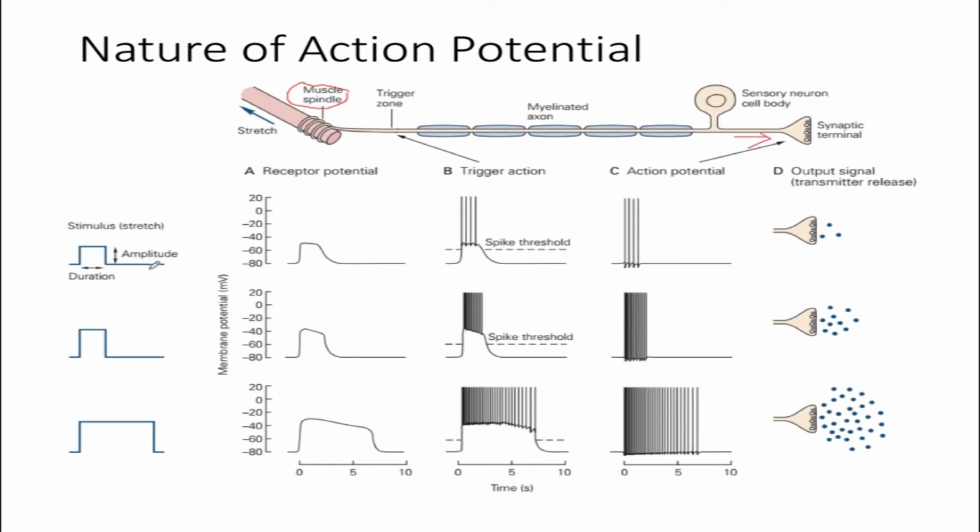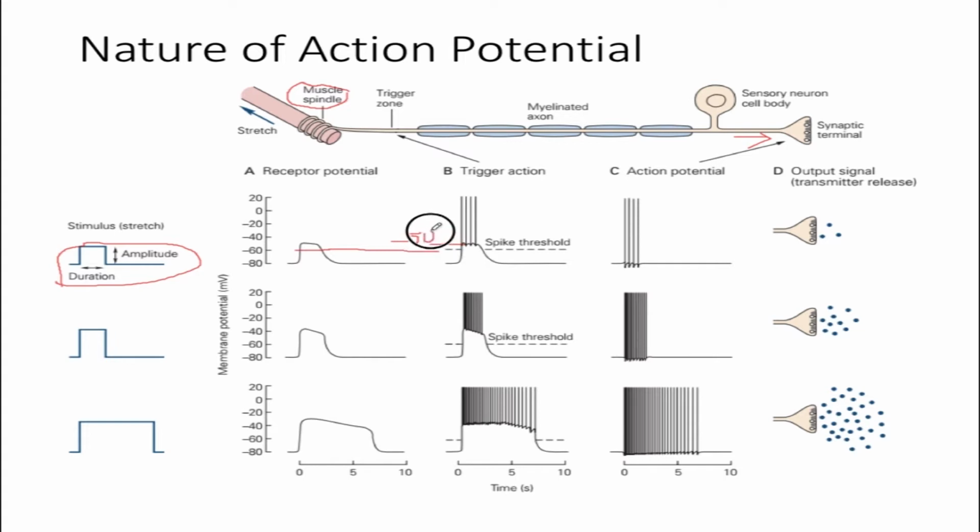Now if you look at it, the duration of the initial stimulus of the signal is important. If this is the initial signal, there will be a little bit of degradation of the signal, and finally that initial signal will create a spike if it crosses the threshold, because this is above the threshold level. The usual resting potential is about -60 millivolt, and at about -50 millivolt you will get the threshold level. So this will be around -50 or so.